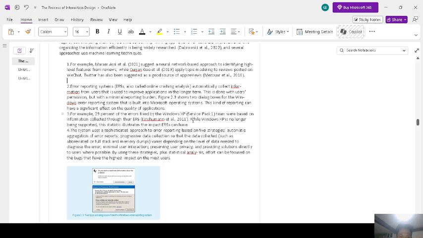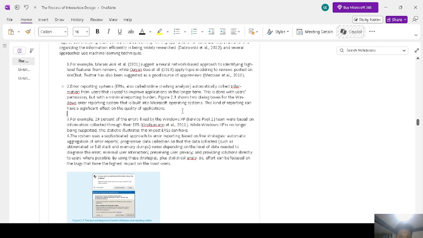Error reporting systems, ERs, also called online crash analysis, automatically collect information from users that is used to improve the application in the longer term. This is done with user permission but with a minimal reporting burden. The figure shows two dialog boxes for Windows Error Reporting, which is built into the Microsoft operating system.